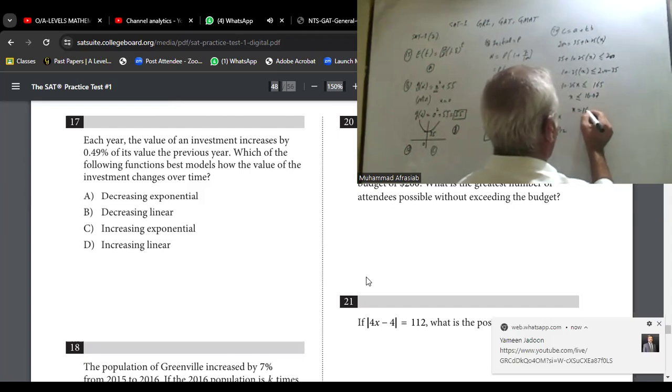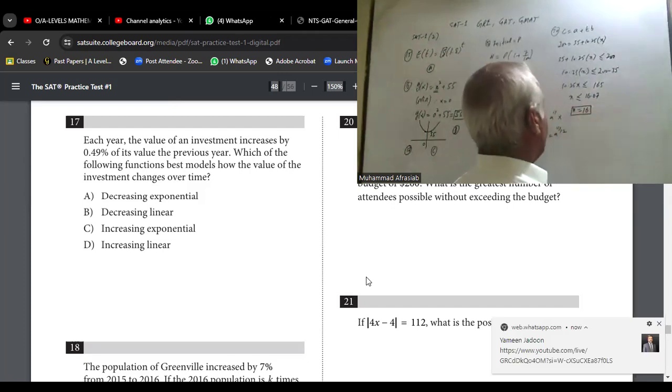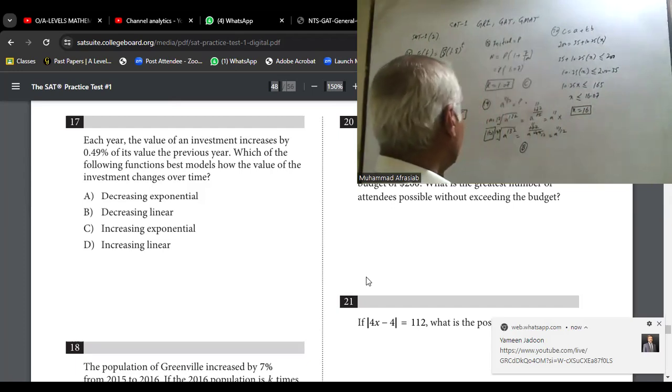So x should be equal to 16. That is the answer to question number 20.